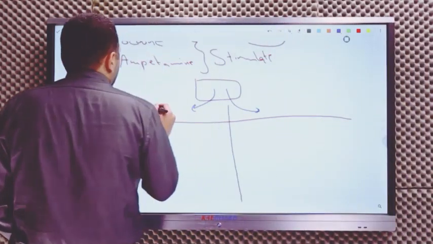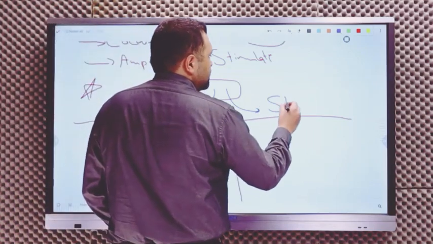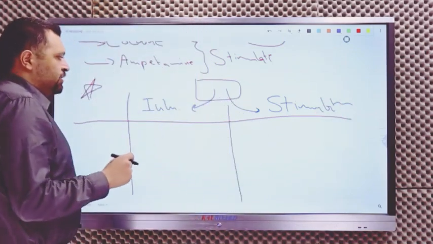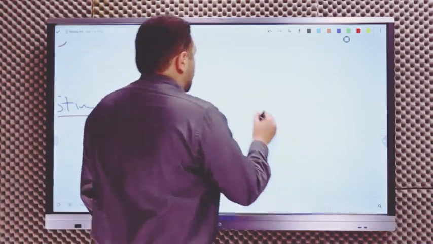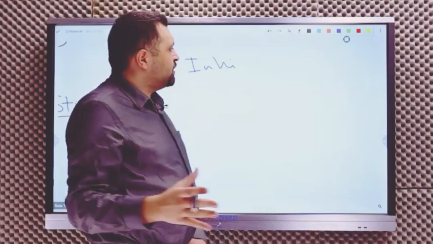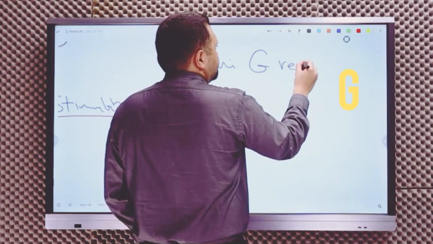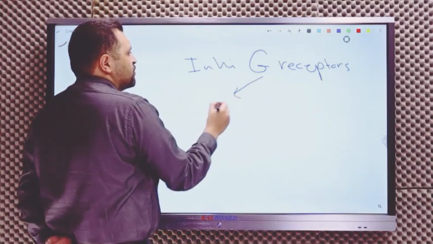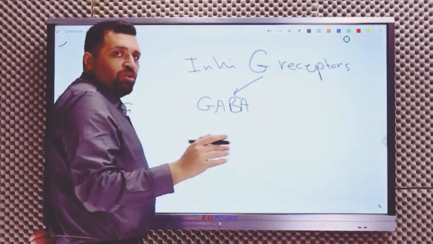Now, here we have the inhibitory receptors, and here we have the stimulatory receptors. Let's go here for a second. The inhibitory group, for me, this is not a scientific thing, but something for memorizing. I would like to call it G receptors. Okay, why G receptors? Because it consists either of GABA receptors or glycine.